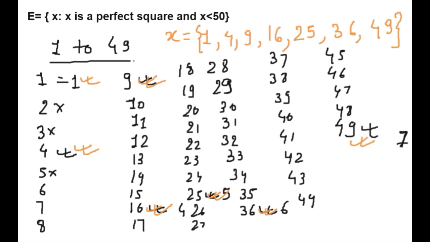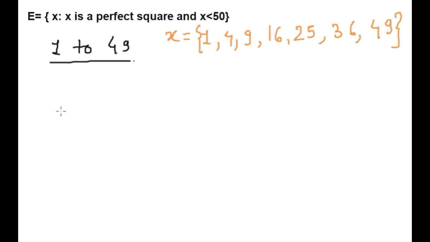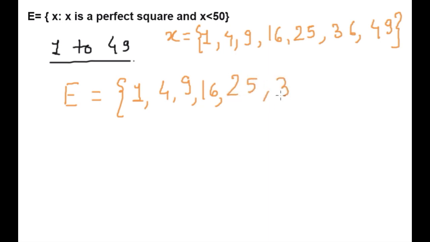And we can write, E is equal to 1, 4, 9, 16, 25, 36 and 49. This is the roster form of this question. Let's go to the next question.